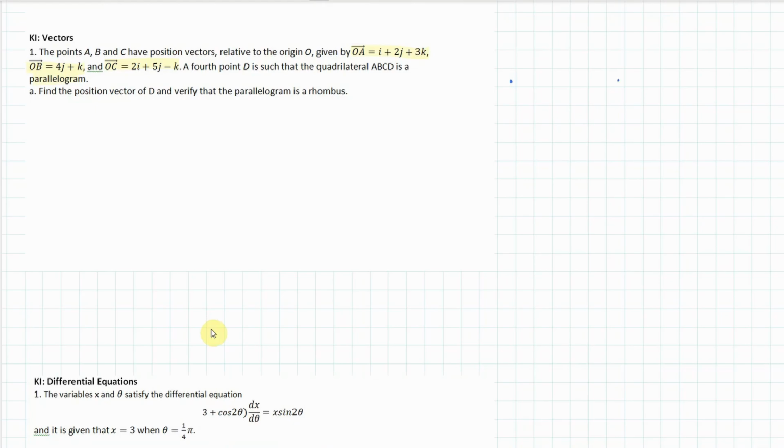A, B, C, D. So this is our parallelogram, really poorly drawn. So these are position vectors, and we're trying to find the position vector of D and verify that it is a rhombus. Okay, so first of all, we could say that BA equals CD.